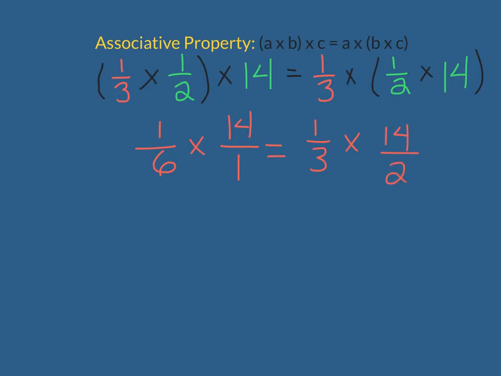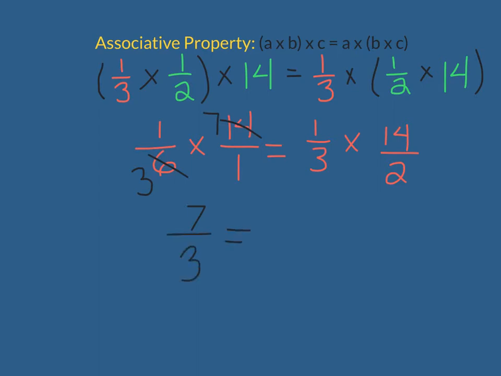Now I can go through and reduce. Right here these 1s just stay. Then I have a 6 and a 14. I know that 2 goes into both of those. 2 goes into 6 three times. 2 goes into 14 seven times. So now I can multiply. 1 times 7 is 7. 3 times 1 is 3.